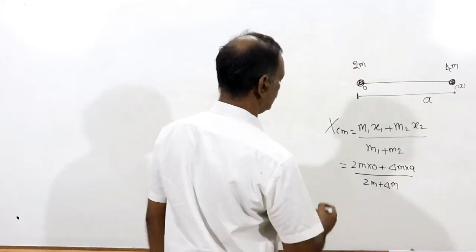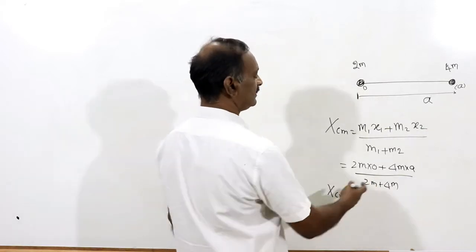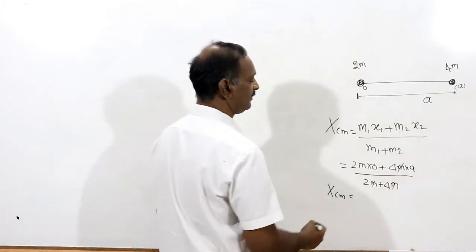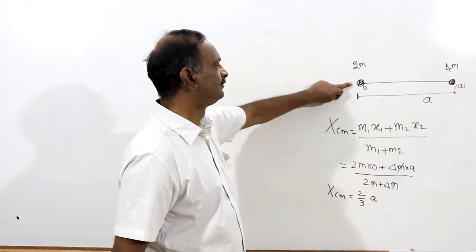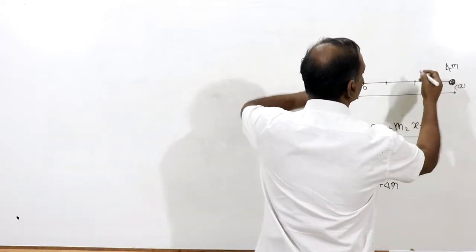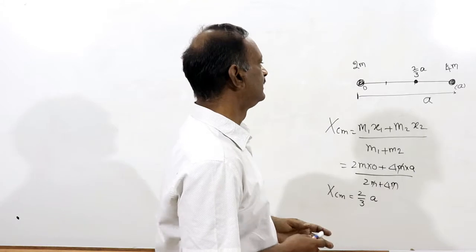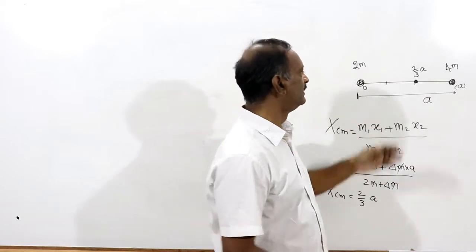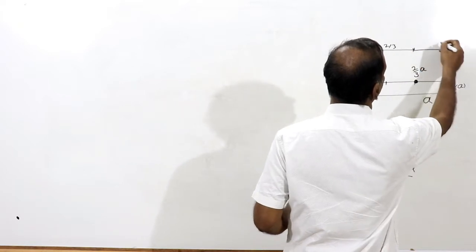This comes out to be 4M by 6M; M can be cancelled, so 4 by 6, which means 2 by 3 A. It means from here, suppose this is 1/3, this is 2/3, 3/3, the center of mass is located at 2/3 of A. As I told you, the center of mass is always located close to the heavier mass. It means from here this distance is 2/3, and this distance is 1/3.